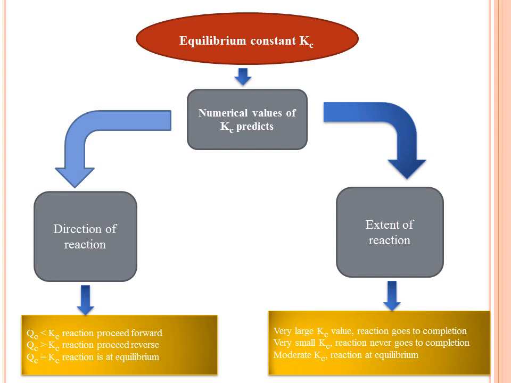Because the quotient value is the value at any time and the Kc value is the value at a particular time at which equilibrium is achieved. So when the Qc is greater, the reaction has to go backward. And if Qc and Kc, the quotient value and the equilibrium constant value, are equal, the reaction achieves equilibrium.